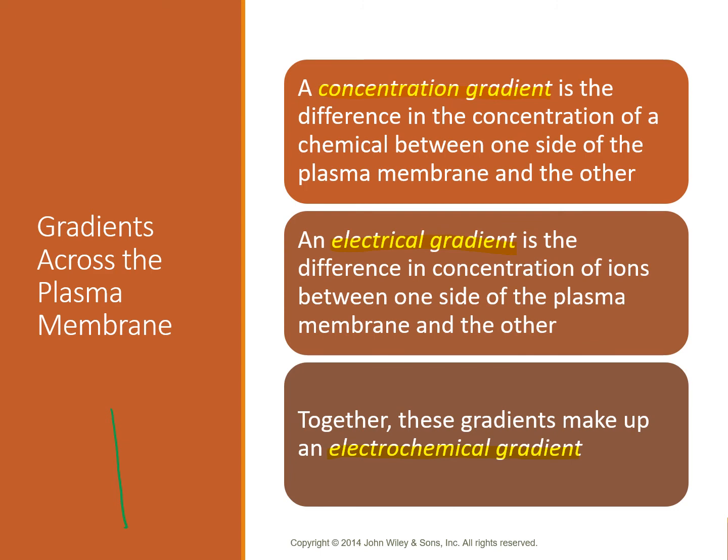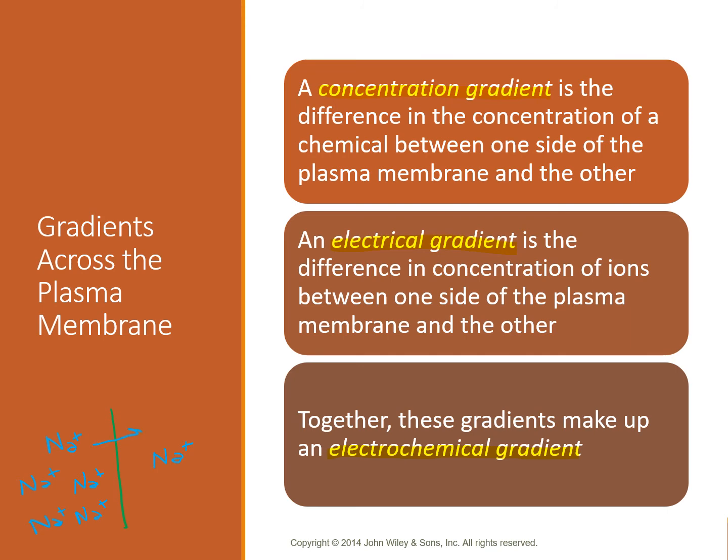And on one side of it, I have a lot of sodium ions, very highly concentrated with sodium ions on one side of the membrane, and on the other side of the membrane it's very low in concentration. We're only going to have one. So typically substances will always want to move from high concentration to low concentration, or move down their concentration gradient. That's just another way of saying move from high concentration to low concentration.